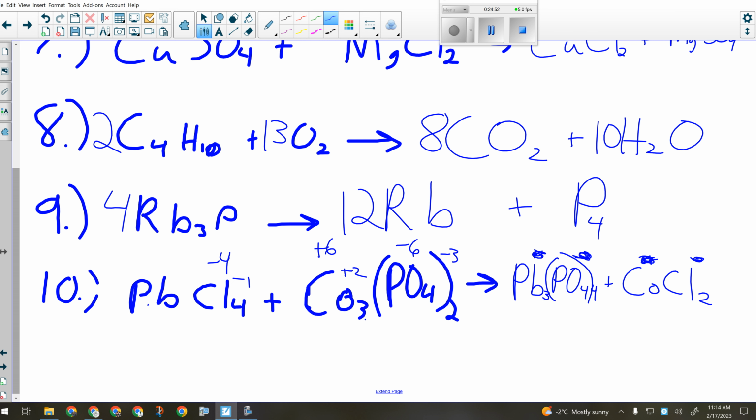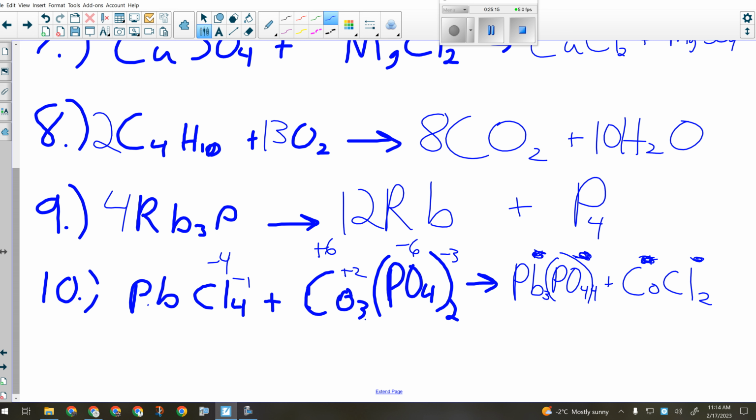Biggest number in this equation is 4. And it's attached to both chlorine and phosphate. Which one should I start with? I should start with the biggest charge, which is chlorine or phosphate. Phosphate. Phosphate's a -3, it's going to have a bigger effect.